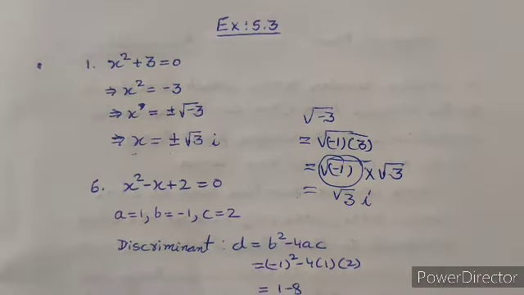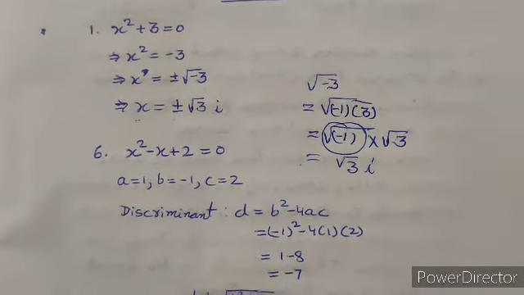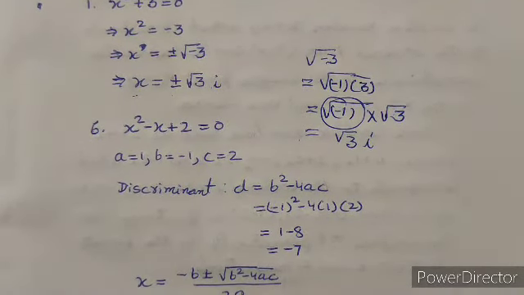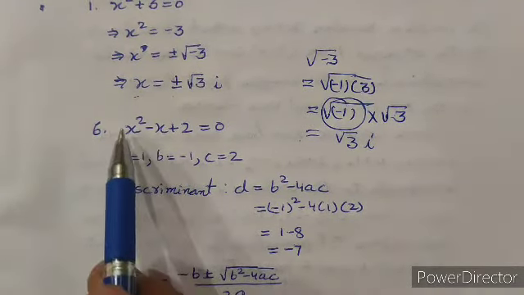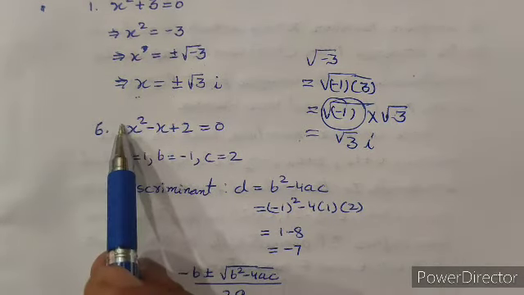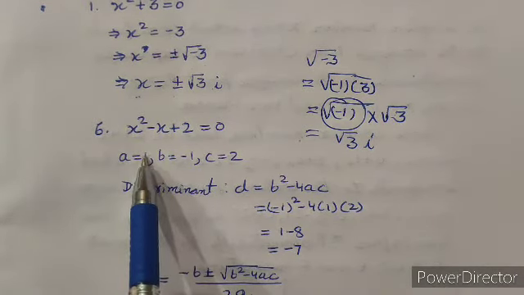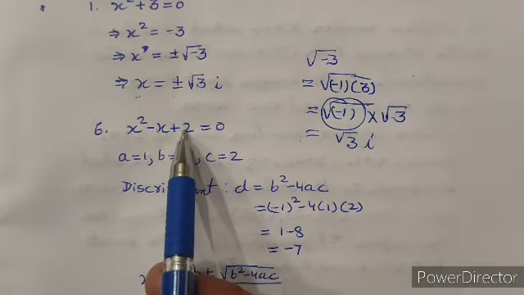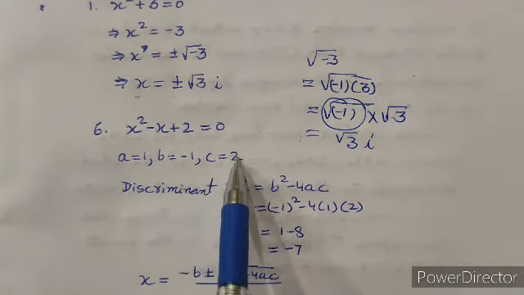Now in the sixth question, the quadratic equation given to us is x square minus x plus 2 equal to 0. Here a, that is the coefficient of x square, is equal to 1. b, that is the coefficient of x, is minus 1, and the constant term c is equal to 2.